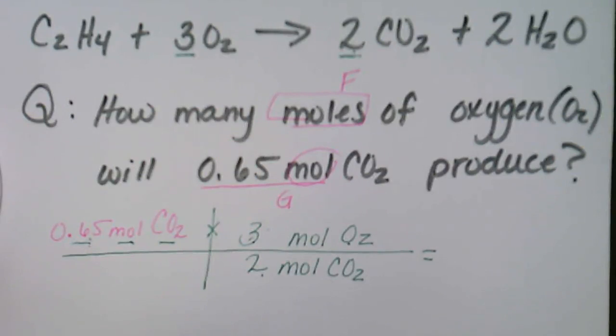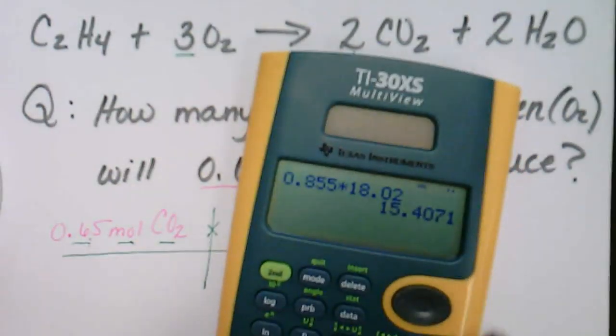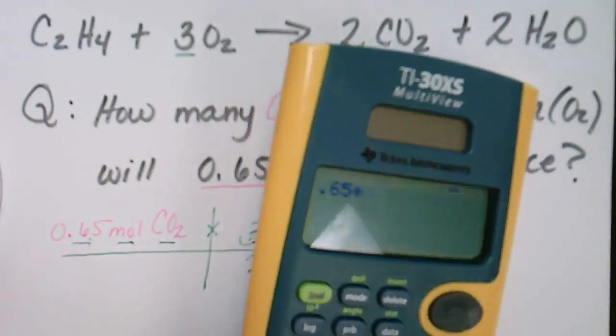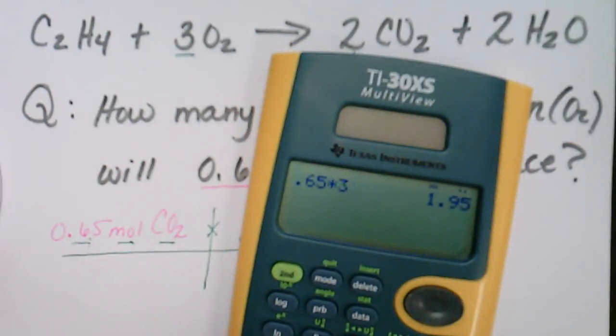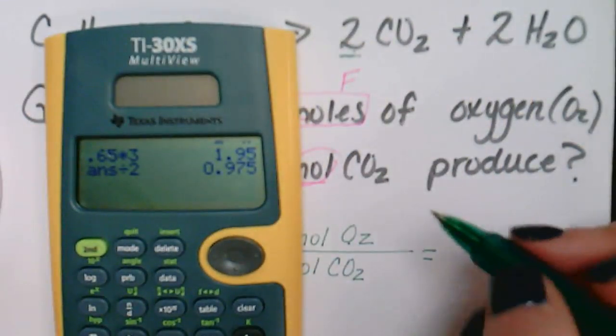If you plug it into your calculator, you've got 0.65 times 3, and that gives you 1.95 if you need to go step by step. And then we're going to divide that by 2, and that's going to give us 0.975.